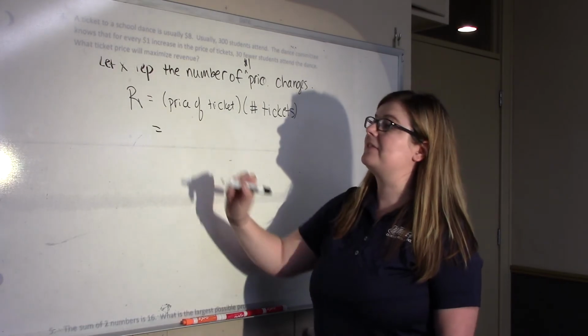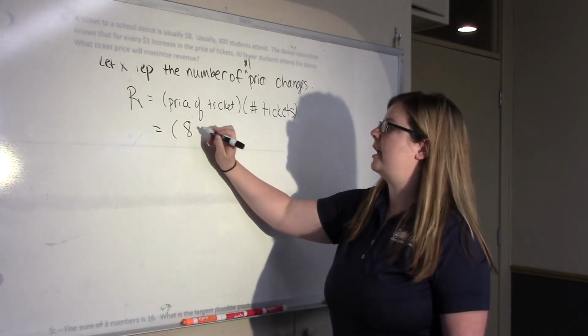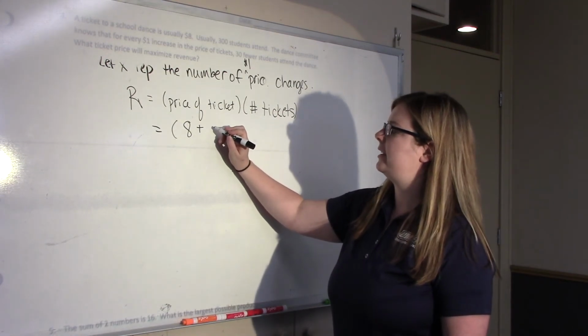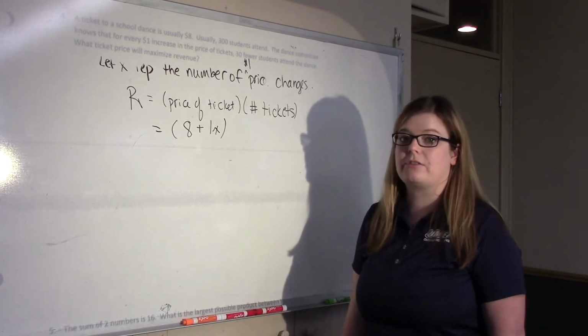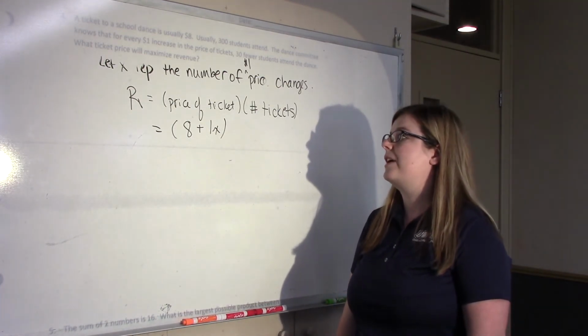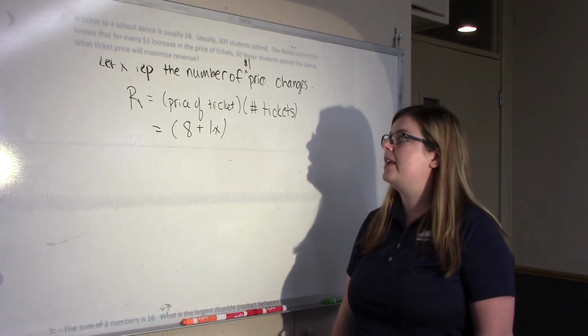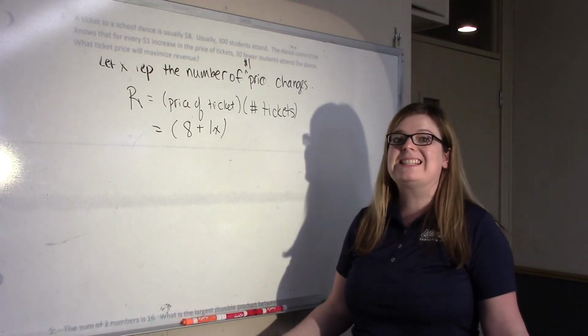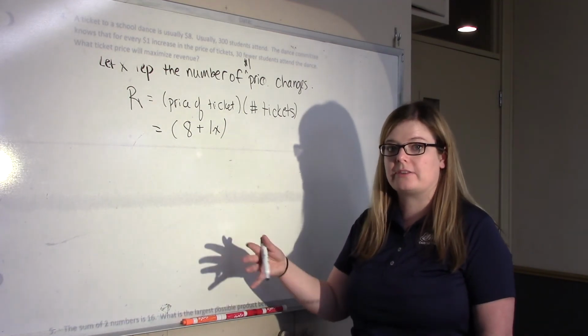Think about it. The price of a ticket right now is $8, and it's being increased by $1 times however many times we increase it by $1. So if X is 1, it's $9. If we increase it to $10, then X would be 2 because we did two $1 price increases.